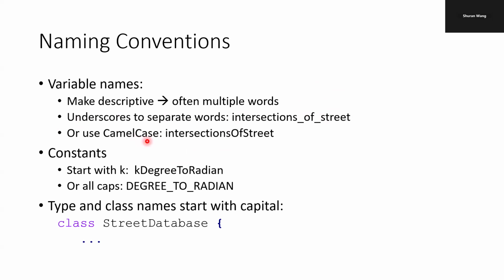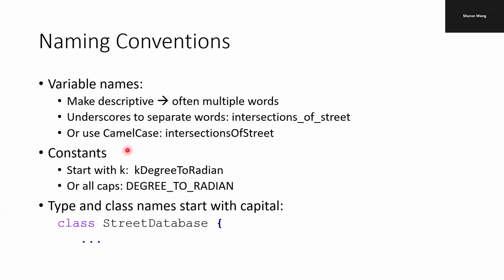I would personally choose underscores, but it depends on your group. And also, after you decide on one of those, do not mix the use of those. If you decide on camel case and if the TA sees some underscore ones somewhere in your code, they will say this is inconsistent.